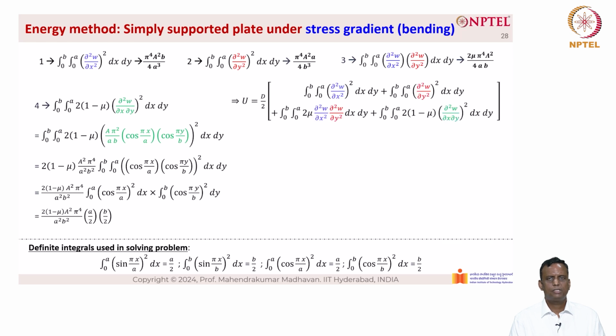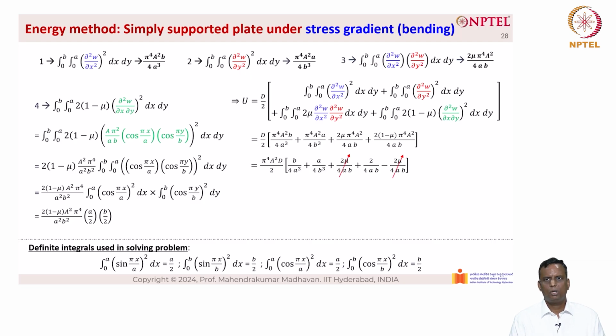And we substitute these values in the integral, and substituting that in the strain energy equation, which is given on the screen right hand side, we have the equation D by 2 into pi power 4 into a square b divided by 4a cube plus pi power 4 a square into a divided by 4b cube plus 2 mu into pi power 4 into a square by 4ab plus 2 into 1 minus mu into pi power 4 into a square divided by 4ab.